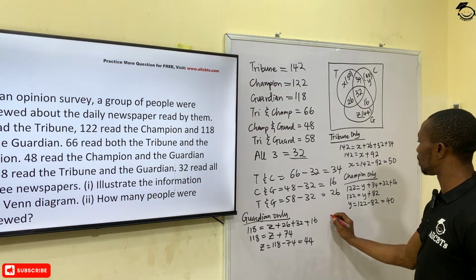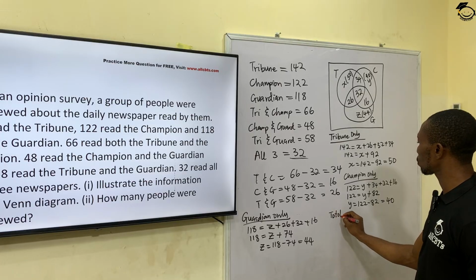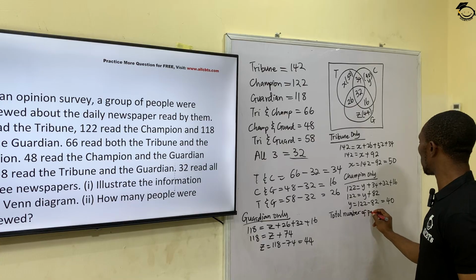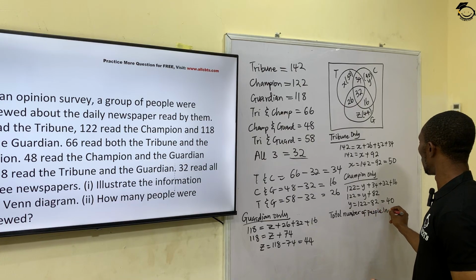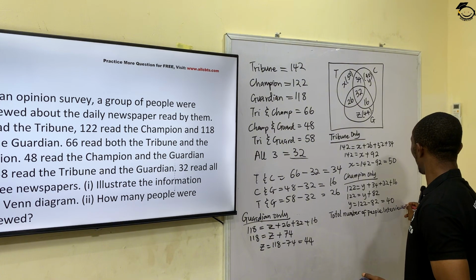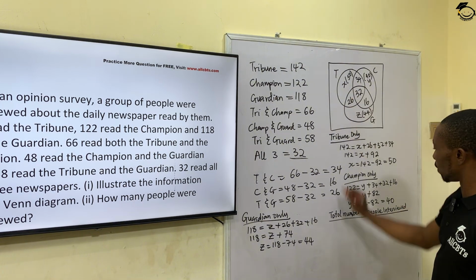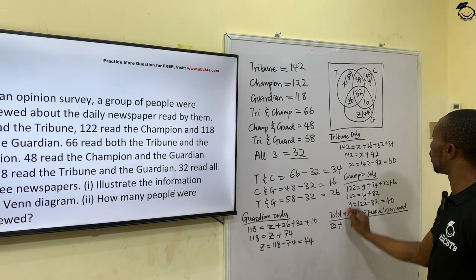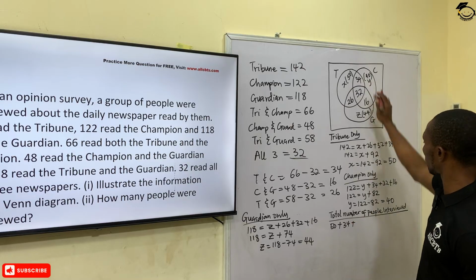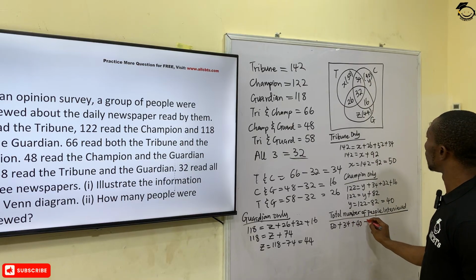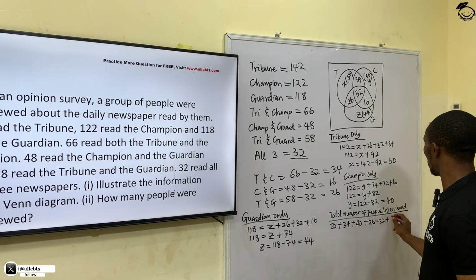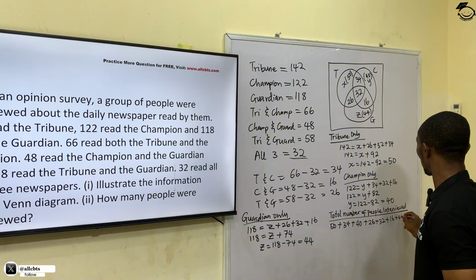Now, this will become total number of people interviewed: we have it as 50 plus 34 plus 40 plus 26 plus 32 plus 16 plus 44.